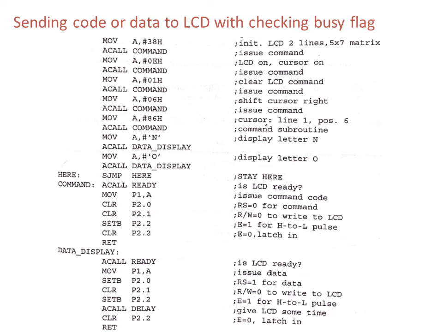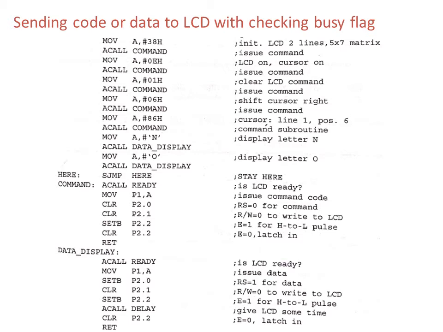The next topic is sending code or data to the LCD with checking the busy flag. The previous program we discussed showed how to send commands to the LCD without checking the busy flag.